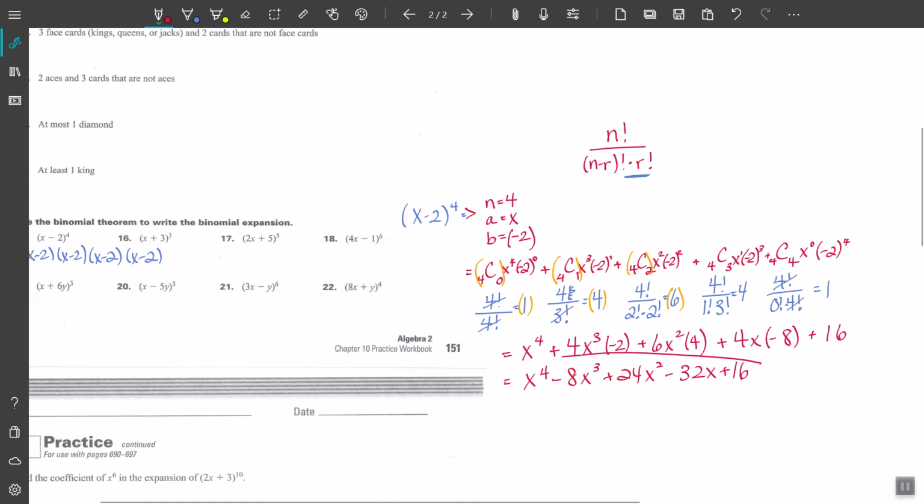So this is the expanded form of x minus 2 raised to the fourth power. If we had gone through and done all the multiplication there and combined everything down into its simplest form, this is the same polynomial that we would have gotten.